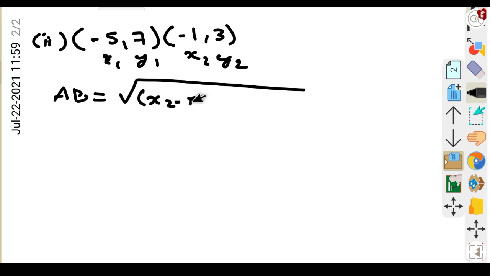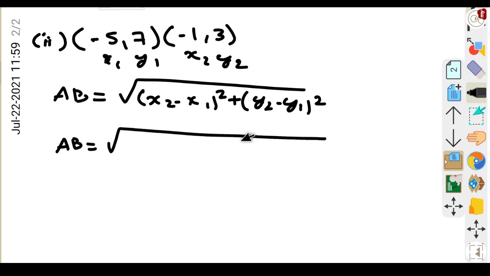So (x2 minus x1) whole square plus (y2 minus y1) whole square. So AB equals under root of, x2 is minus 1 and minus x1 is minus of minus 5, in a bracket whole square, plus y2 is 3 minus y1 is 7 whole square.